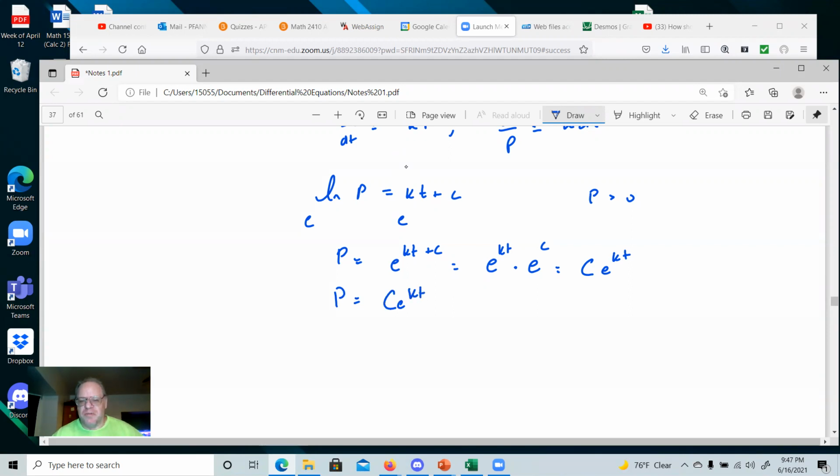And if you recall from college algebra, you probably had 3 different formulas. You had one for population growth. This is the same formula for continuous interest. And there was radioactive decay.